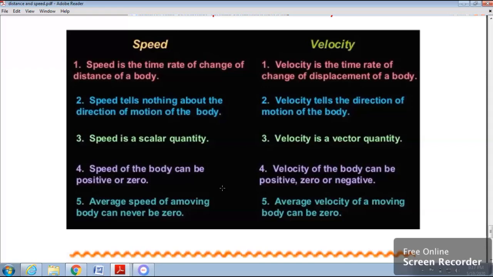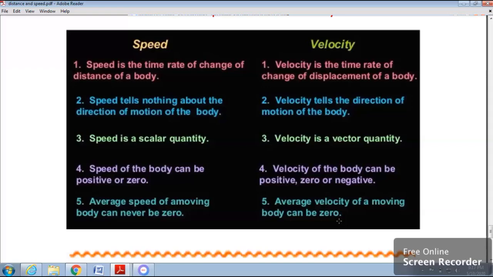Average speed of a moving body can never be zero. Average velocity of a moving body can be zero, because the formula of average speed is total distance traveled by the body by total time taken. So distance can never be zero, hence average speed of a moving body can never be zero. Average velocity of a moving body can be zero, because it is displacement by total time taken.